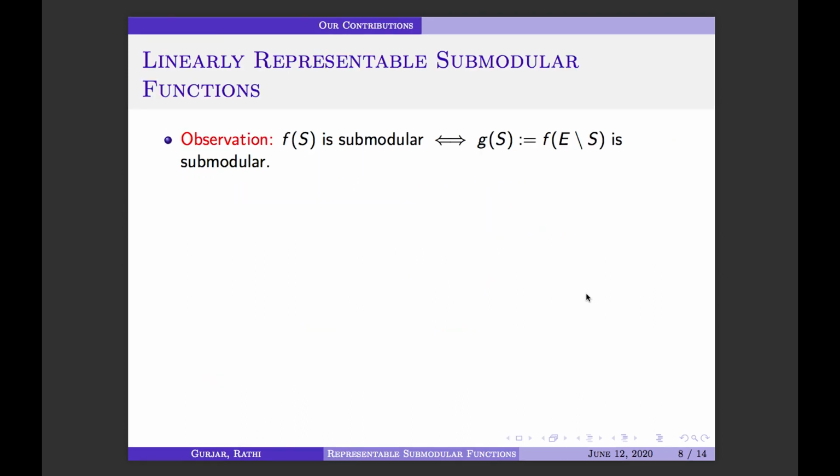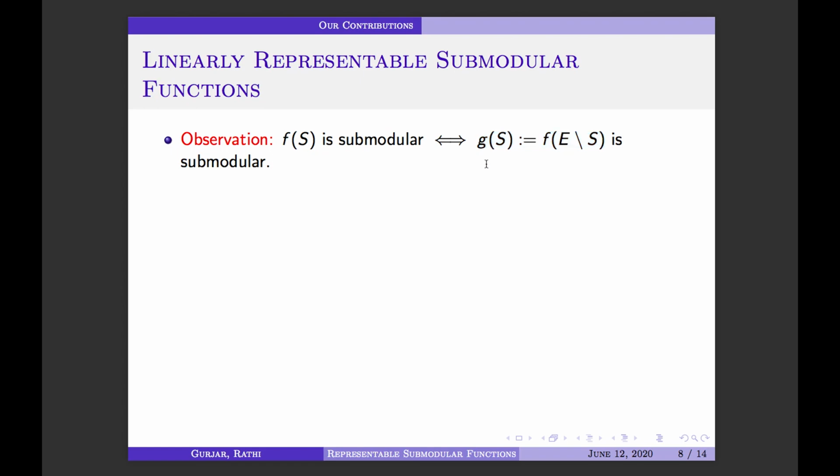This observation will be useful in constructing the non-monotone function we are looking for. Suppose you have a submodular function f. Then you can construct another function g, defined by this equation: g(S) = f(S complement). This observation says that if f is submodular, then so is g.